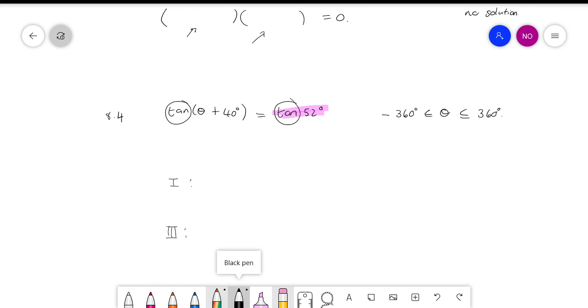So then you can say in the first quadrant, this will be true. And in the third quadrant, that will be true. Remember to add that.